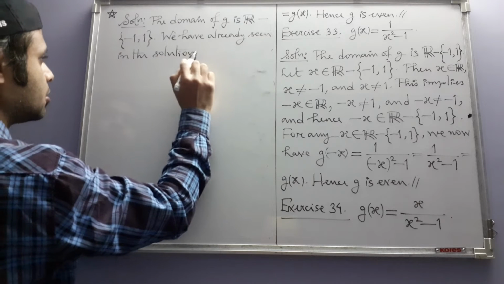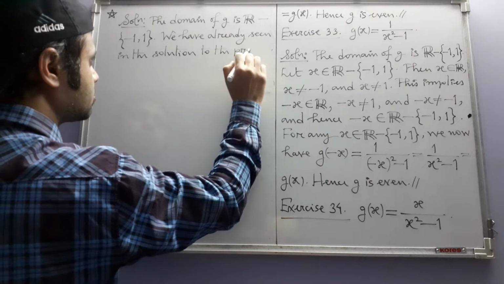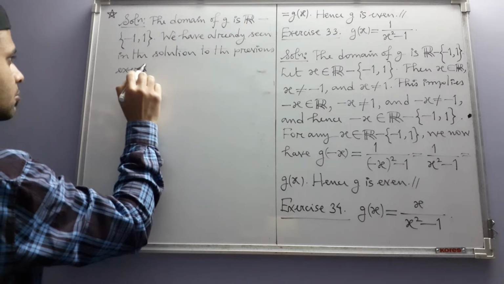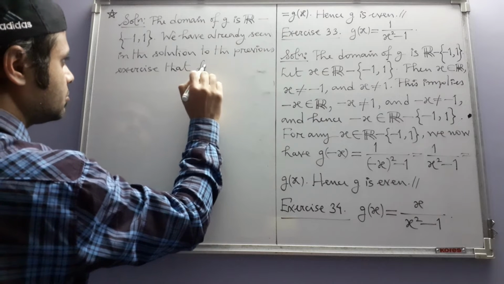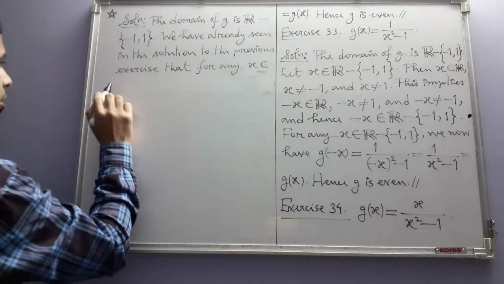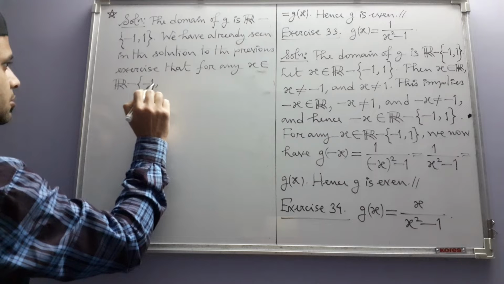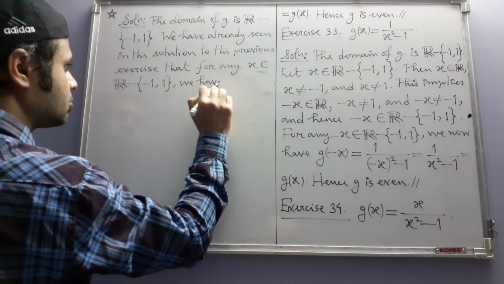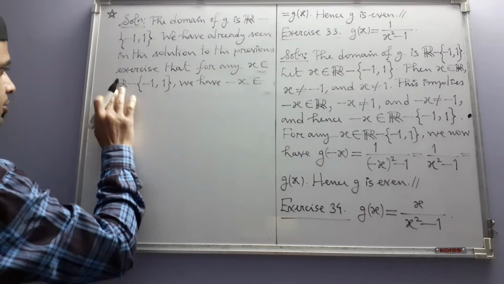In the solution to the previous exercise, that for any x belonging to this set, we have minus x also belonging to the set.